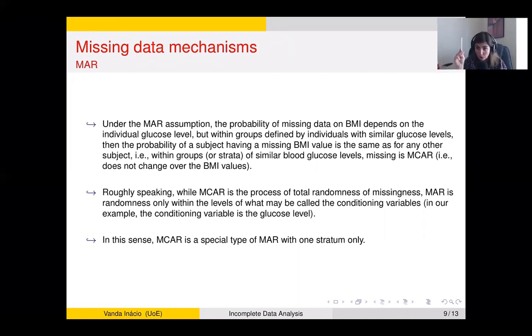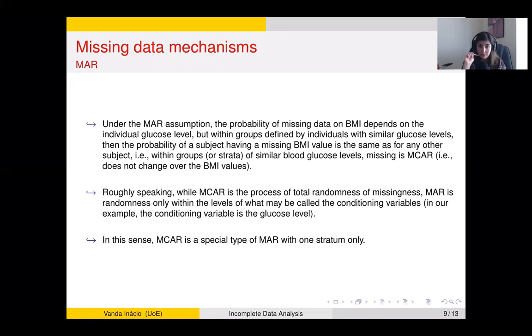So within strata defined by similar glucose levels, missingness for BMI is completely at random. But this is only, and I reiterate, after conditioning on the glucose levels.